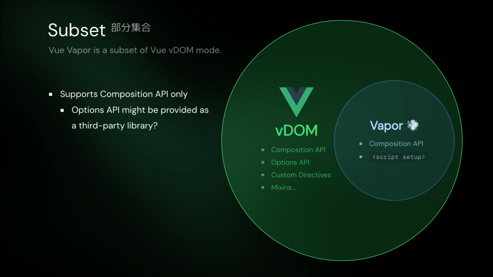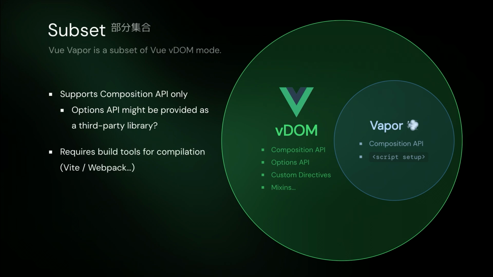Now, Vapor is a bit different. It currently supports only the Composition API and doesn't include the Options API. But based on feedback, we might provide the Options API as a third-party library in the future.